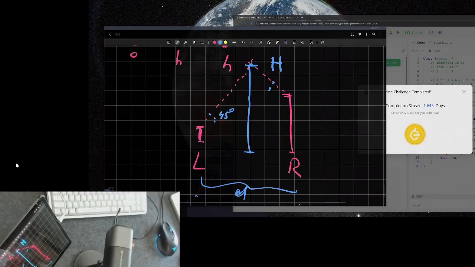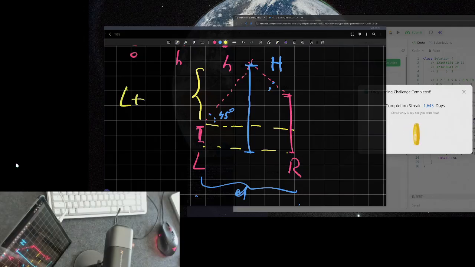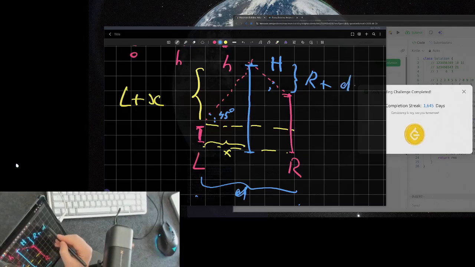So we should solve it in a geometry way. So this one is left plus some x, left plus x, and this one is right plus, and this is d minus x, d minus x.